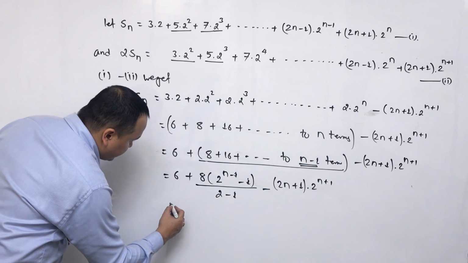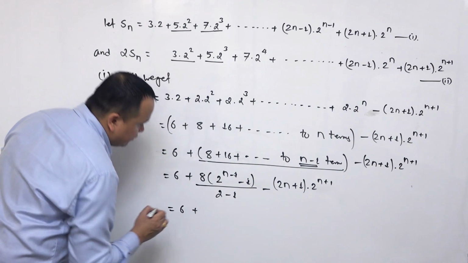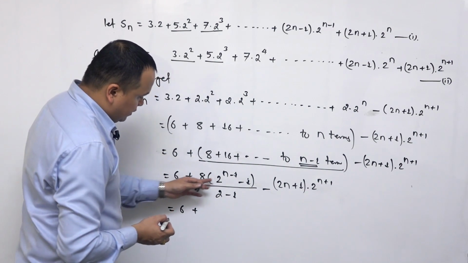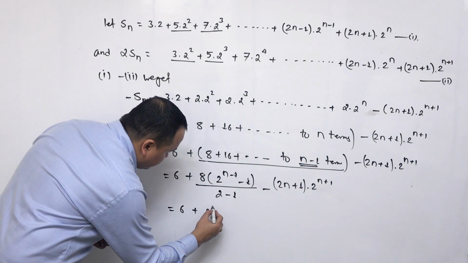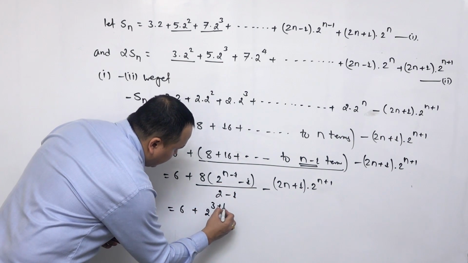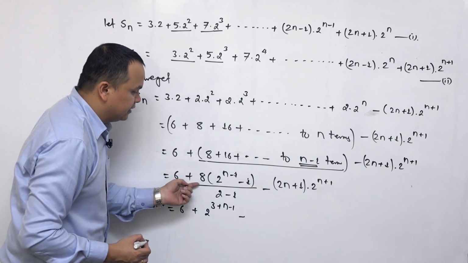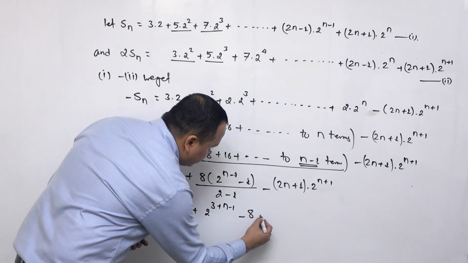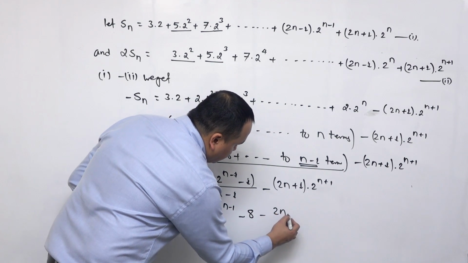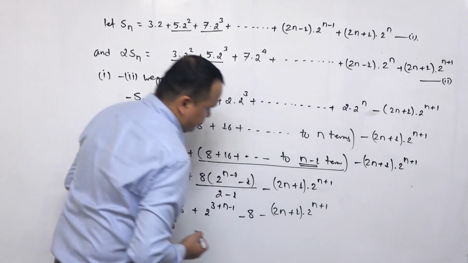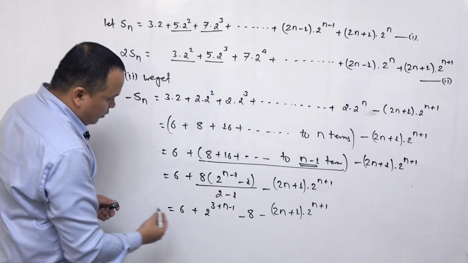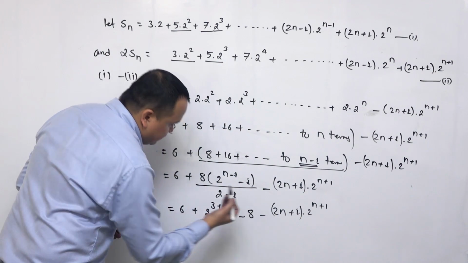And this is 6 plus 8, it is 2 cube plus n minus 1, minus 8 into 1 minus 8, minus 2n plus 1 into 2 to the power n plus 1 upon 2 minus 1 is just 1.